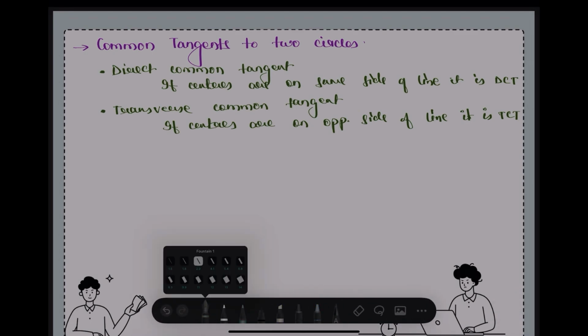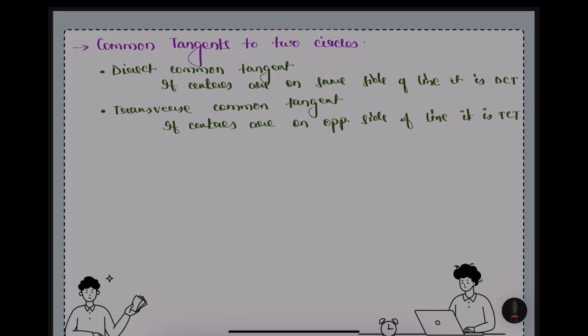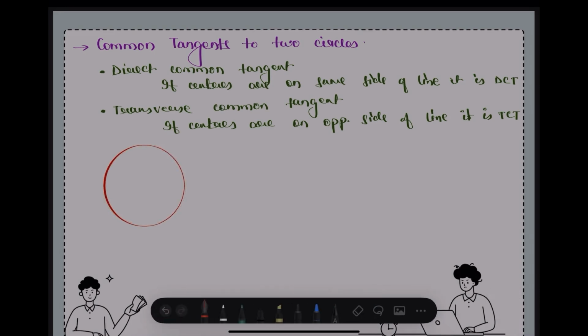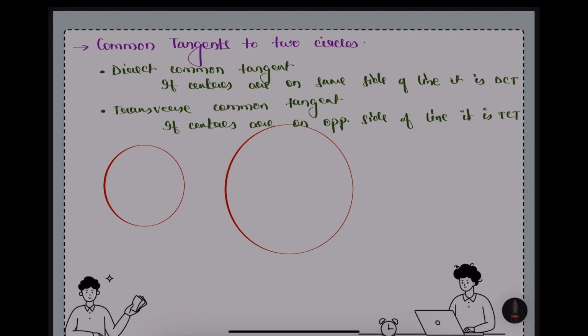Now we will figure out the cases. Suppose we got this circle. Okay, so suppose that there are two circles, they are not touching and they are not intersecting.